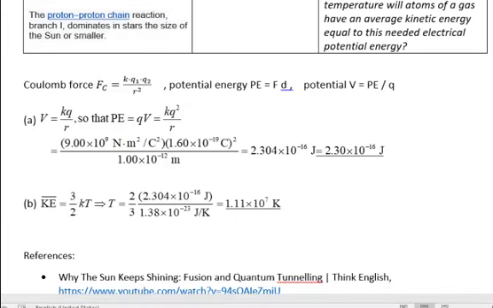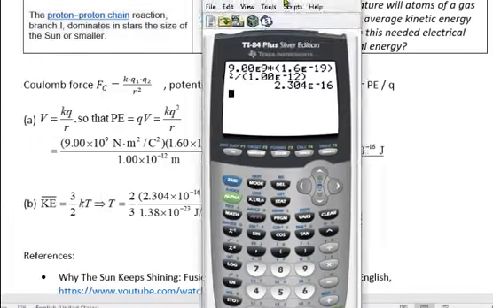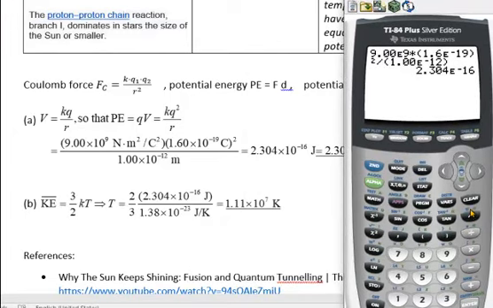And so doing the calculation, I would take my 2.30 times 10 to the negative 16 joules, and I divide it by 3/2 in order to solve for temperature. And then I divide it by the Boltzmann constant, right? So this K, by the way, is different from that K. This is the Coulomb constant, the 9 times 10 to the 9th.